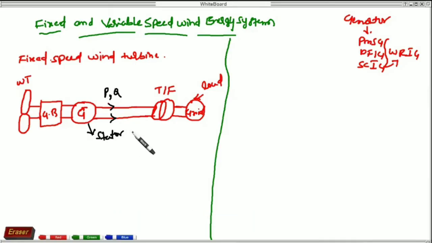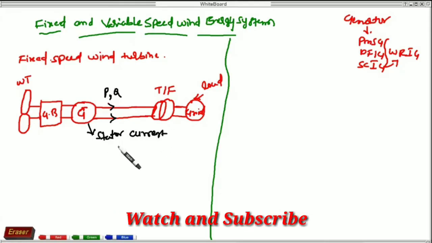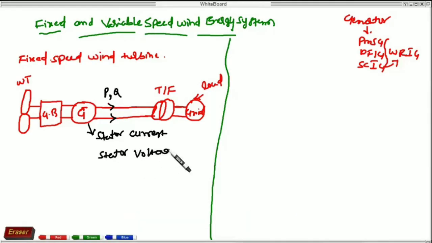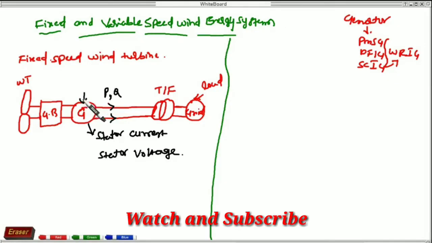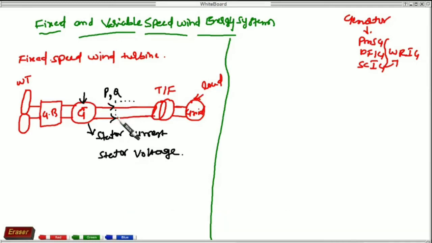Stator current or stator voltage. For this type of generator, no power electronics converter is connected here.